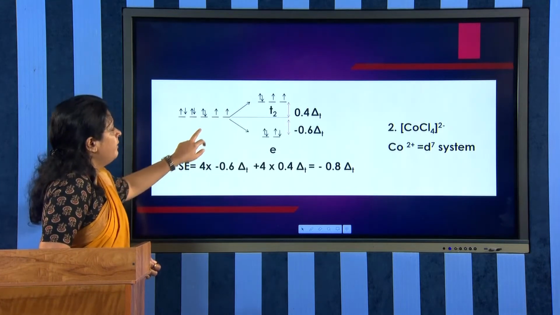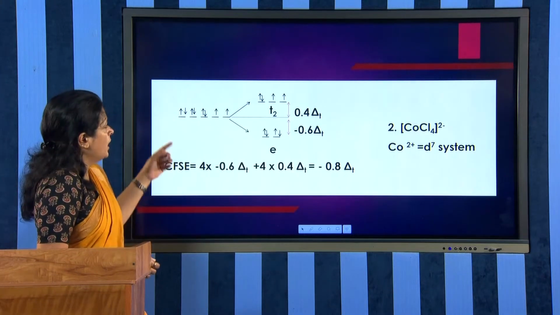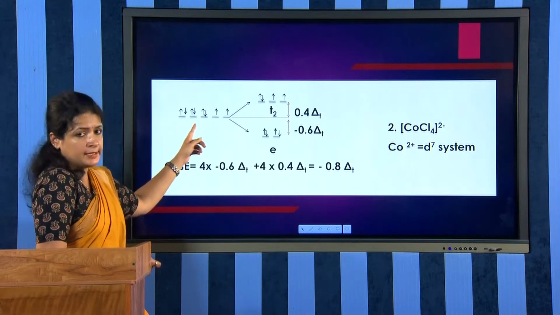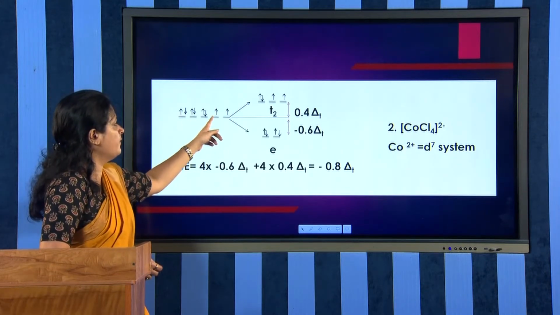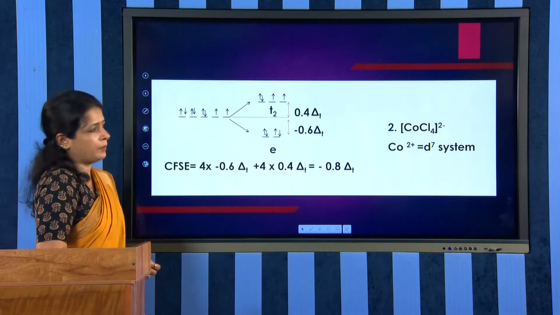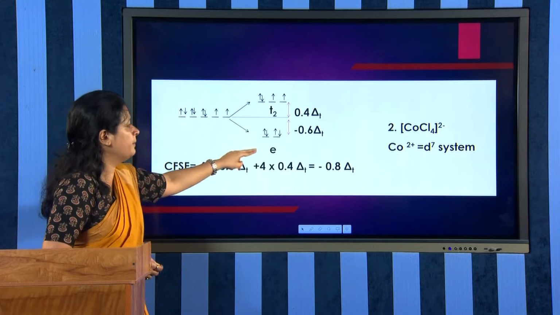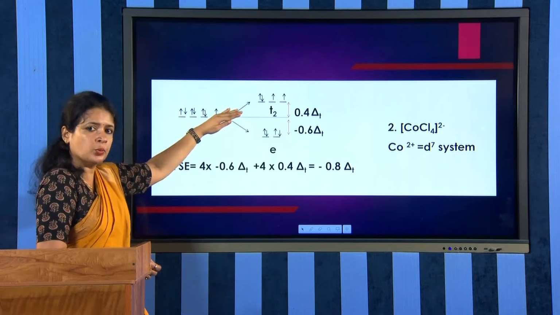While we are calculating the CFSE of this complex, you have the nickel d8 system. So, 1, 2, 3, 4, 5, 6, 7, 8 electrons in the d orbital, and in the presence of the tetrahedral field they will be split as E and T2.